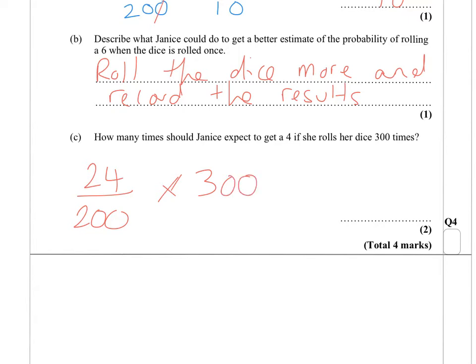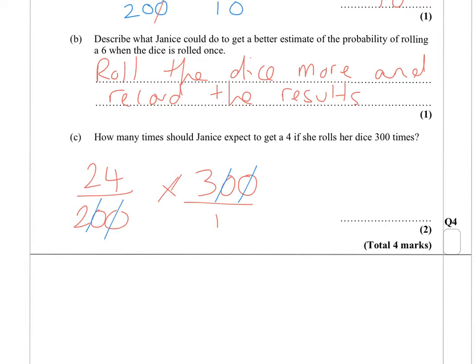Now if it's a calculator paper, that's just dead easy, but this is a non-calculator paper. So what we do is, quite simply, we can turn those into fractions. You can cancel down diagonally if you wanted to.